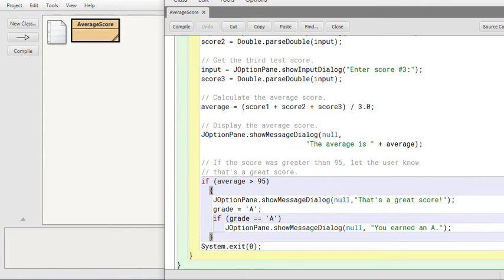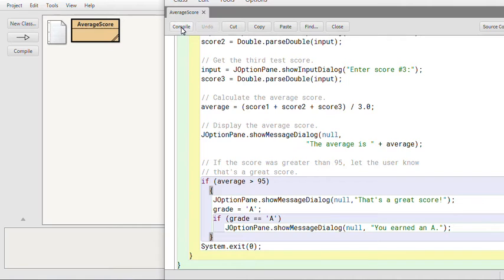One line after your if condition is tested, so if grade is equal to A, does not need curly braces. That's a single line condition. But multiple lines are going to need the curly braces. A lot of times students will just put the curly braces after the tested condition, regardless of whether they have one statement or multiple statements.